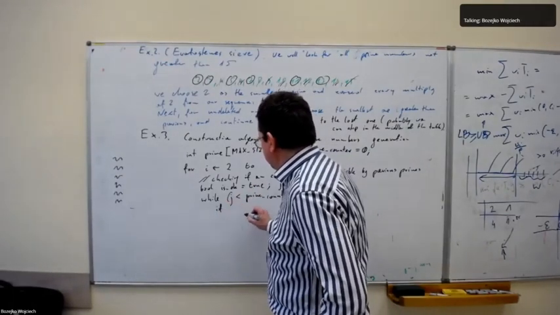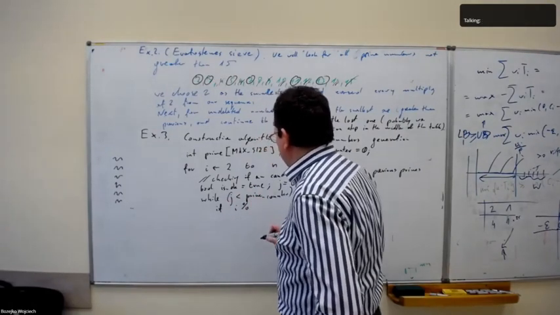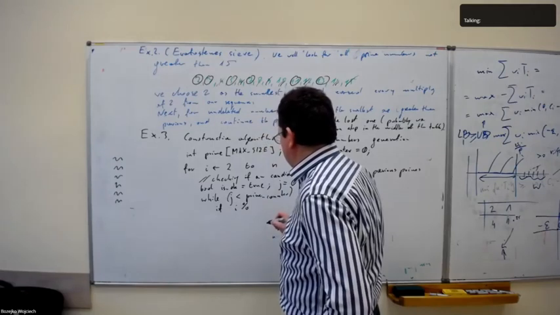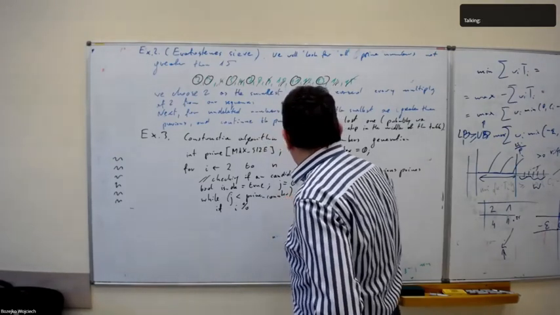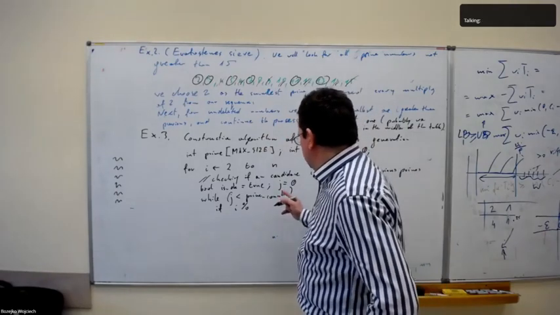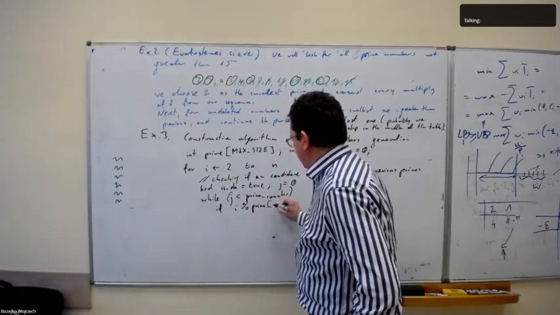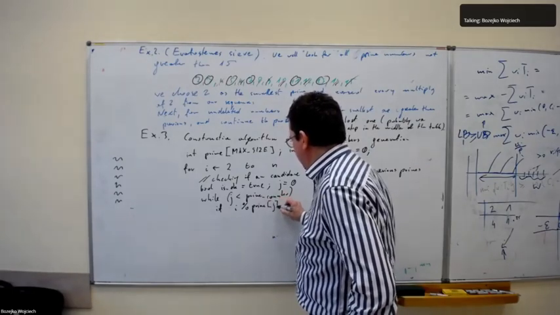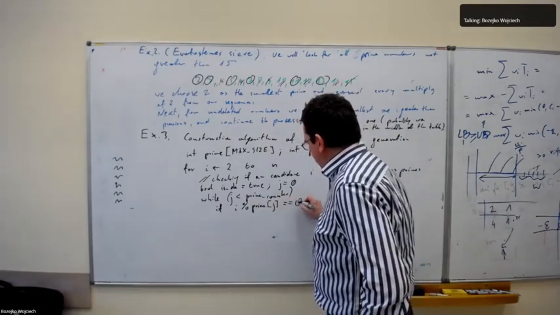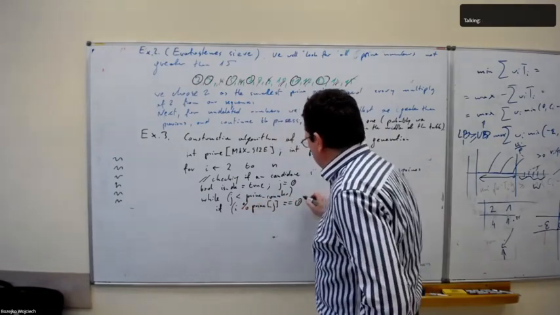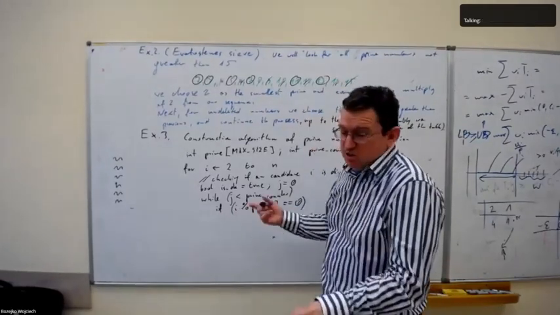If this i divided by... where is this? Divided by prime j. If this is 0, so it is without the rest, that means this prime divides i, and this is not prime.